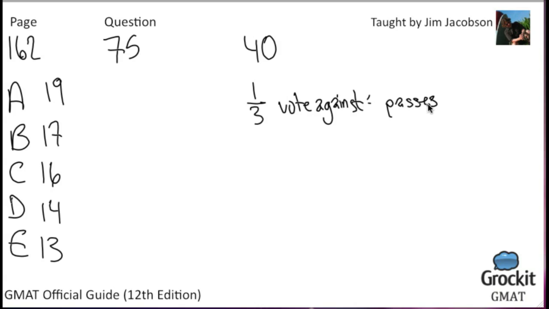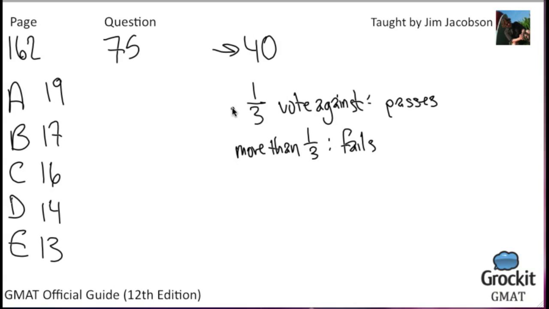Because it's 2/3 or more, that's what the at least 2/3 expression means. If they get exactly 2/3, which of course they can't with a 40-person committee, but if they get 2/3, it passes. So if exactly 1/3 votes against, it still passes. If more than 1/3 votes against it, it fails.